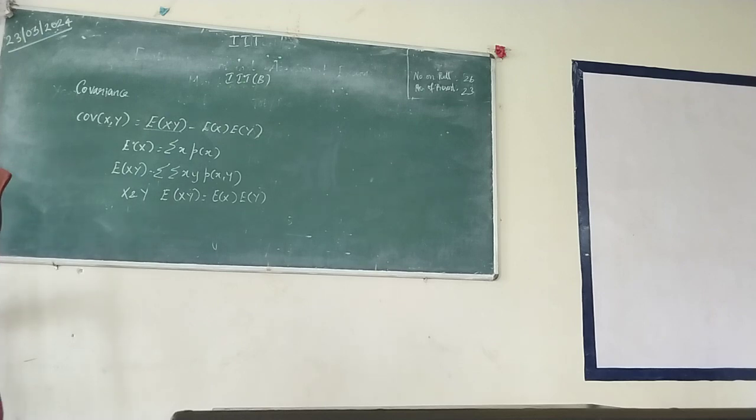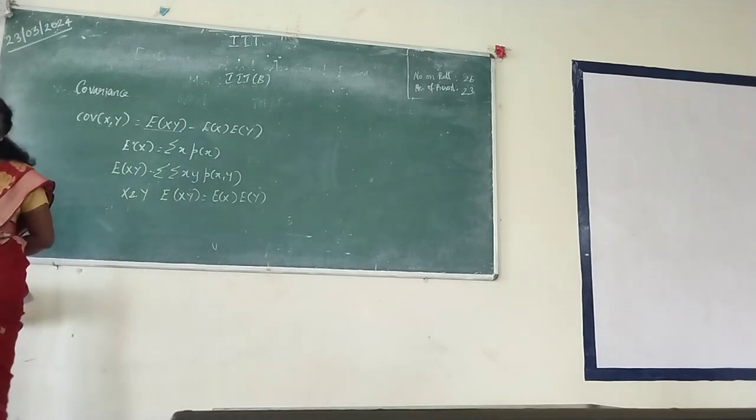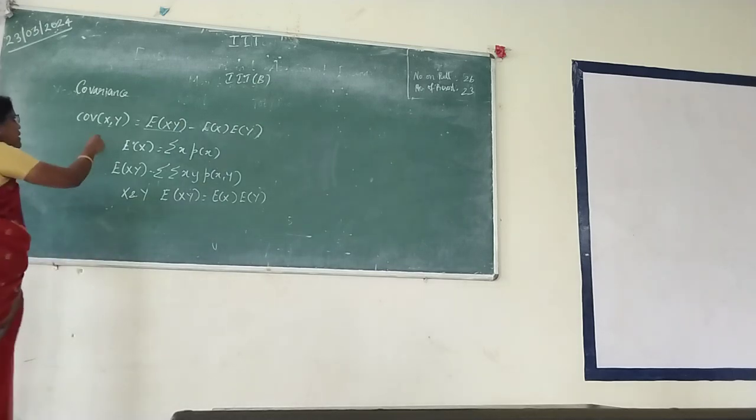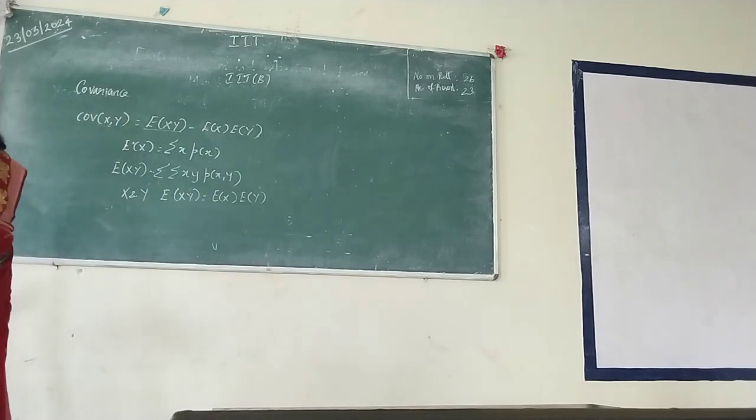Make a note: if x and y are independent, covariance of xy is equal to 0.